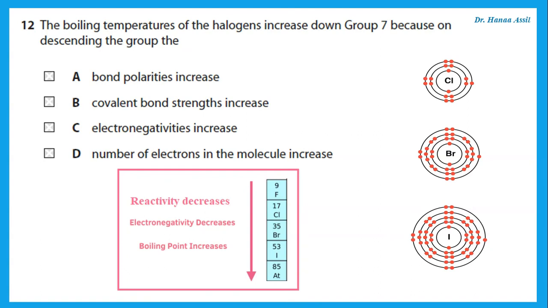Also, you should remember the electronegativity decreases, so we cannot say bond polarities increase, and reactivity decreases, and this has nothing to do with the boiling temperature. The only thing related to the boiling temperatures is the number of electrons increase in the molecule as we go down, and that means stronger London dispersion forces that need more energy to be broken.